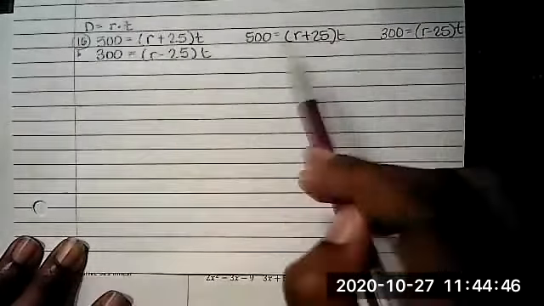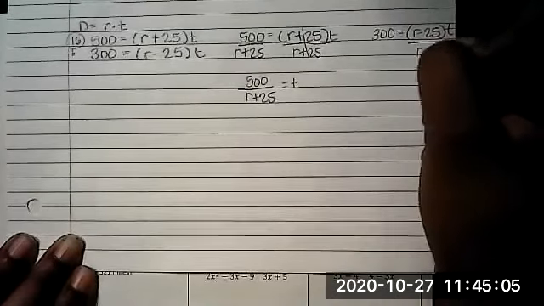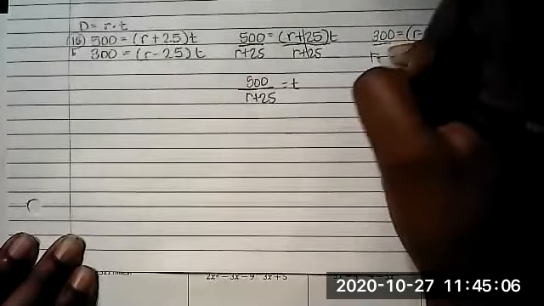This is what it is with the wind against the wind. So here we're going to solve for time, r plus 25 divided by r plus 25. This now becomes 500 over r plus 25, and that equals T. Okay. Same here, we're going to get rid of the r minus 25 on both sides.